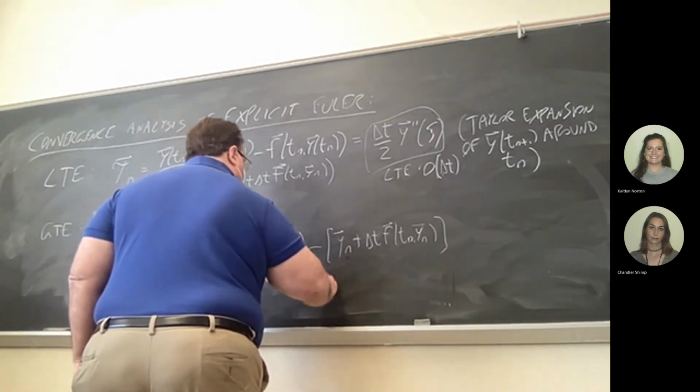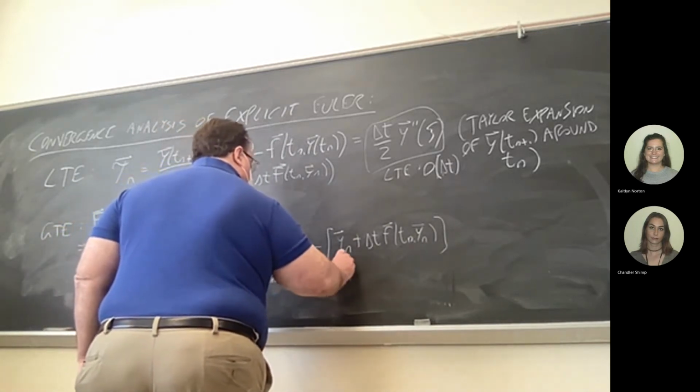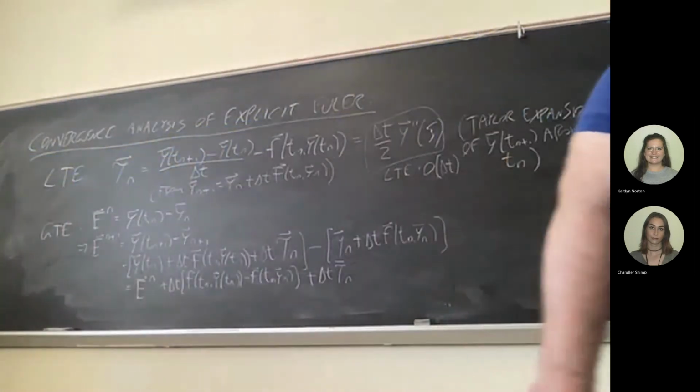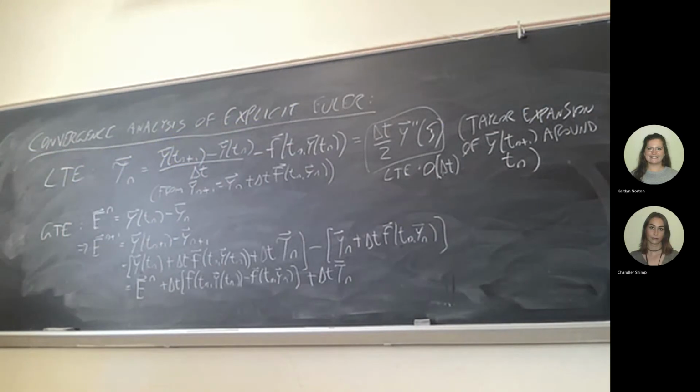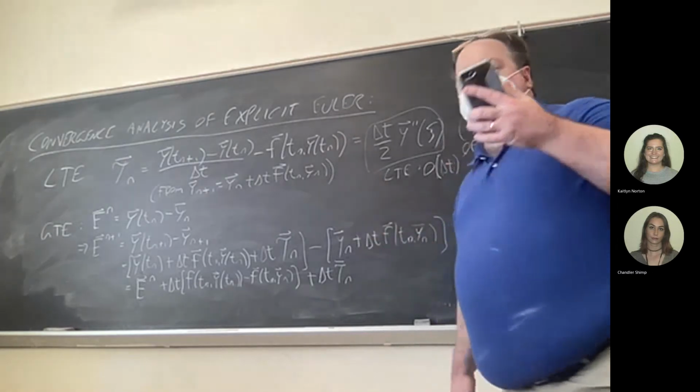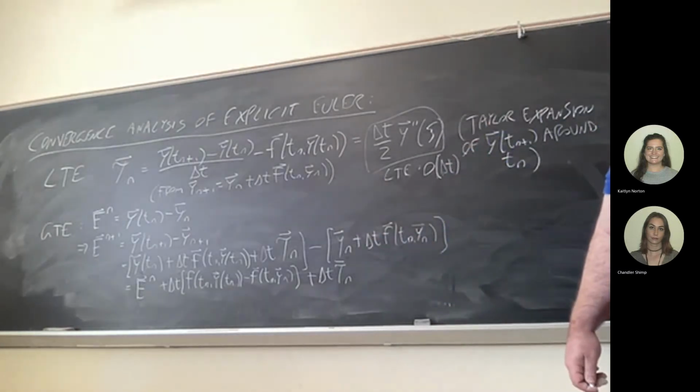Okay, plus delta t times the local truncation error. So now we have a recurrence relation between the new global error and the previous global error.